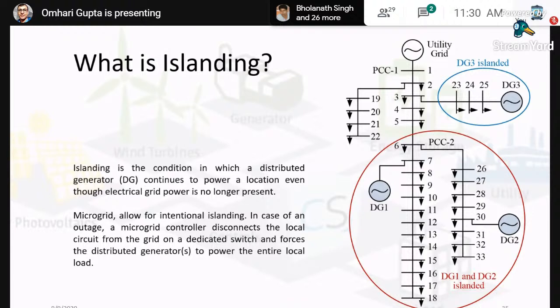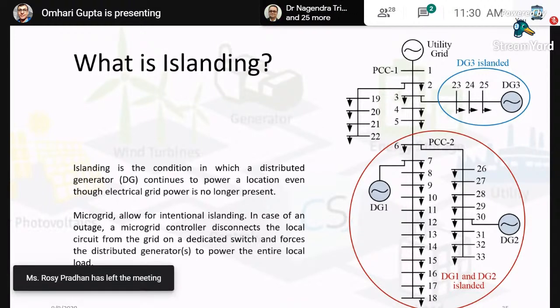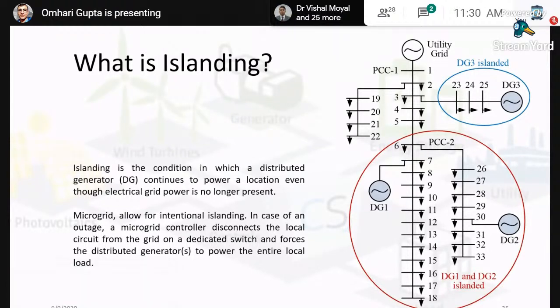That means during islanding, the utility will not be connected, but these DGs continue to supply the local load. And if you do not have sufficient power, you may also apply load shedding and supply the critical loads. Non-critical loads may be removed from the system, and only critical loads are supplied.